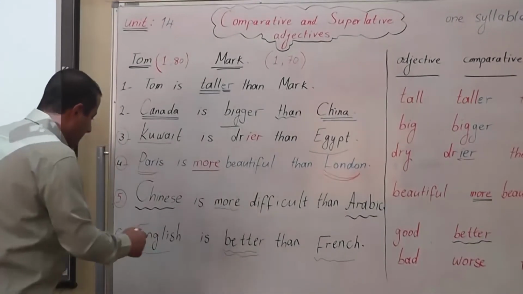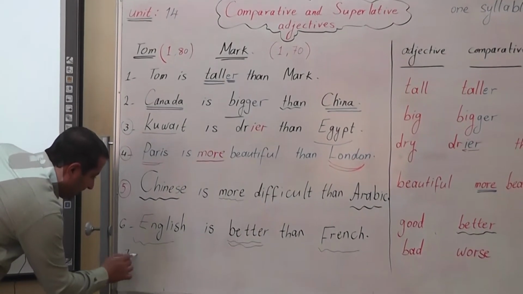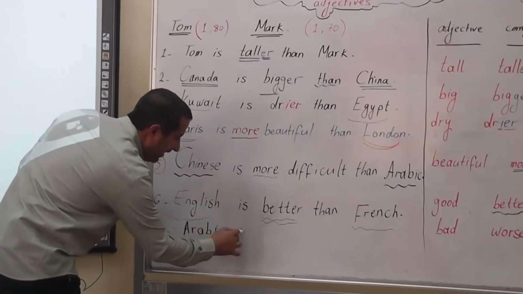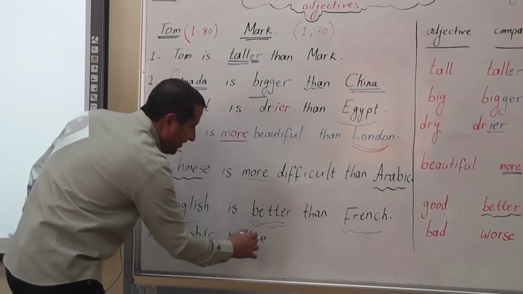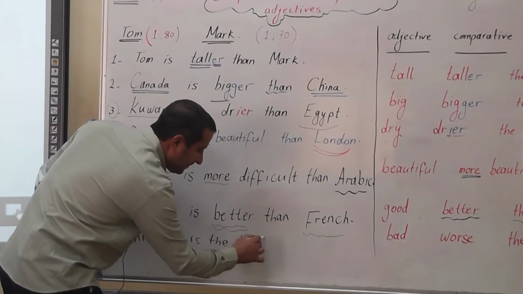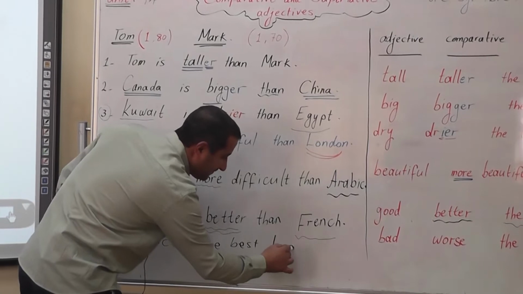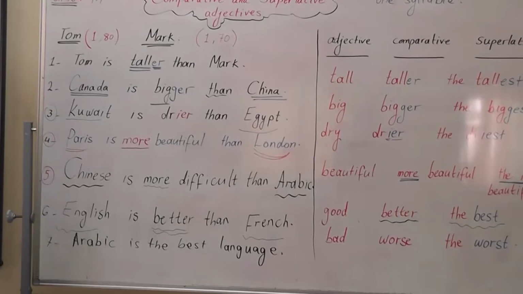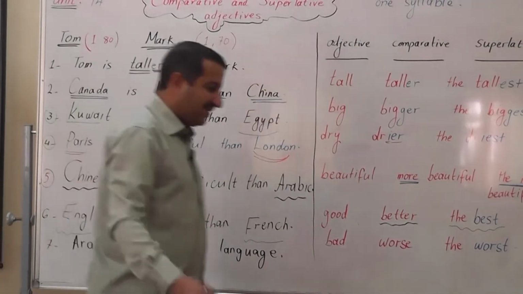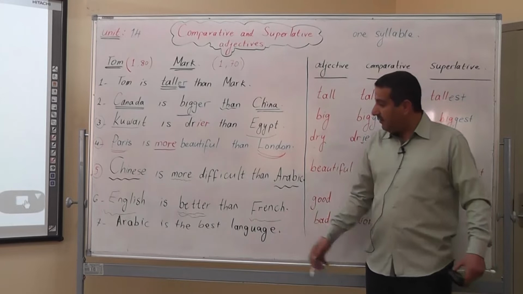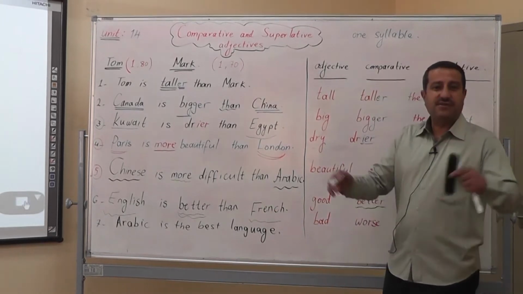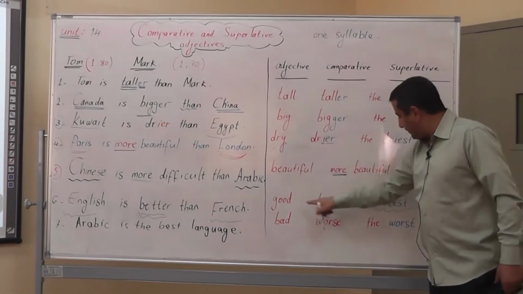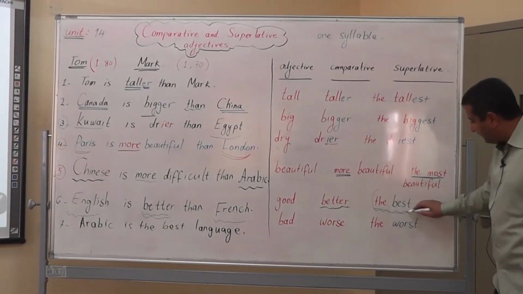We say, for example, Arabic is the best language. This is something personal. I think that Arabic is the best language in the world. So the superlative form of good is the best.